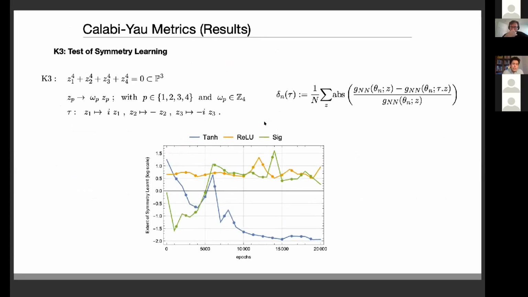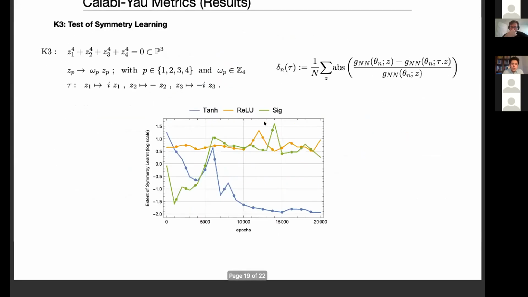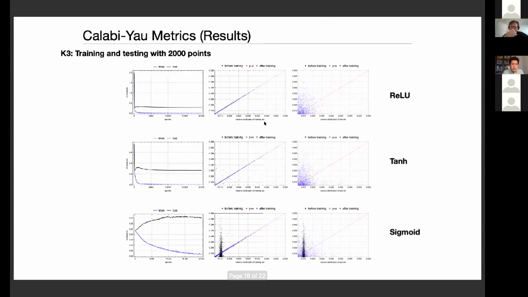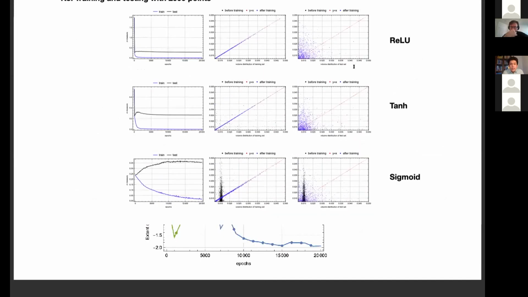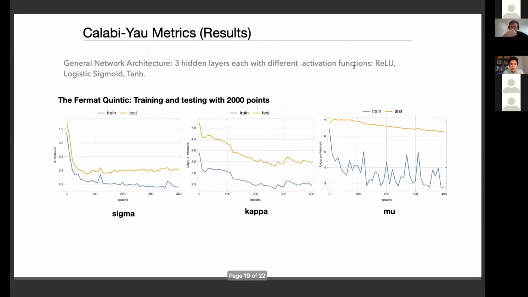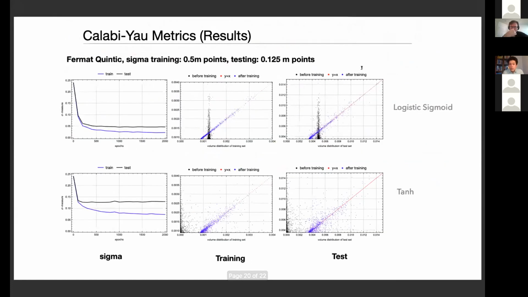As you see, mostly these issues of overfitting can be ameliorated as you increase the number of points, as you can see for the Fermat quintic. In this case, we have taken basically 500,000 points compared to the 2,000 we're taking for the K3. Okay, thanks.